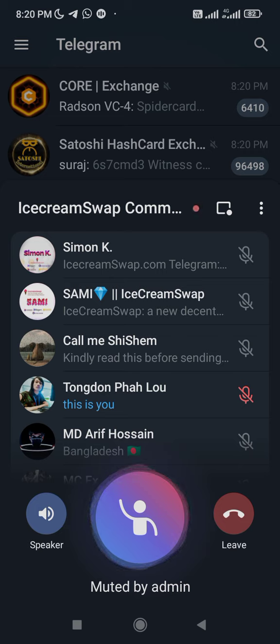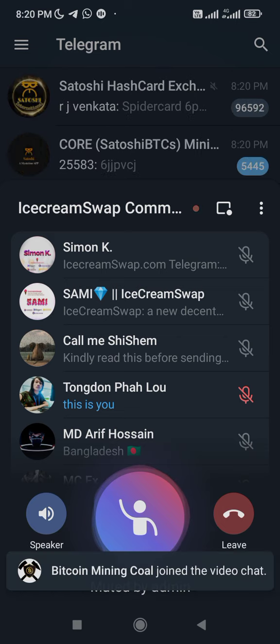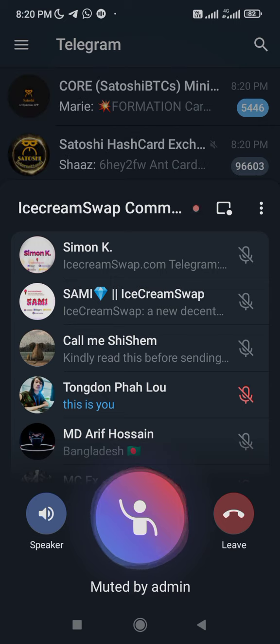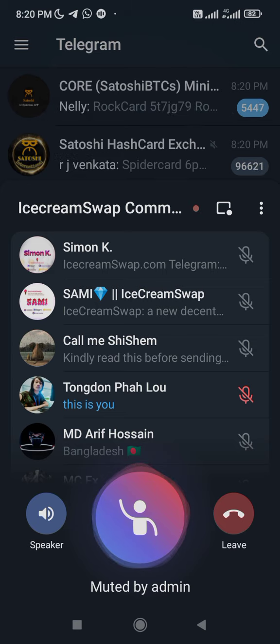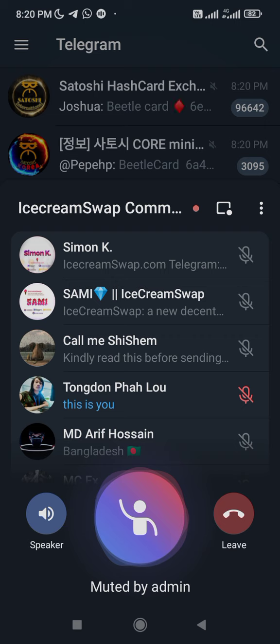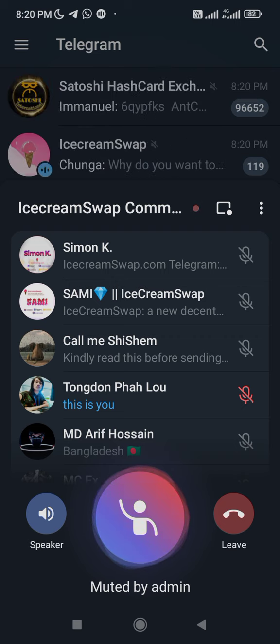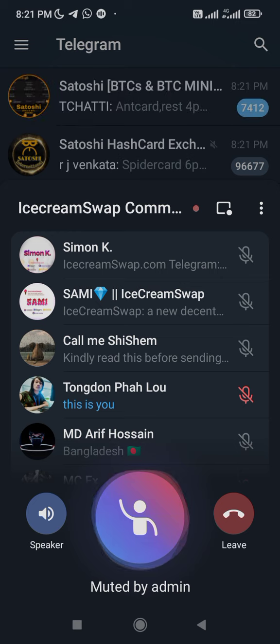Say for example, if you have $100 of liquidity in total, you get around 4% or 5%, whatever is decided by the team, in ICE tokens. So 5% of $100 is $5, and you get $5 worth of ICE tokens in airdrop every week. So that was in a nutshell.